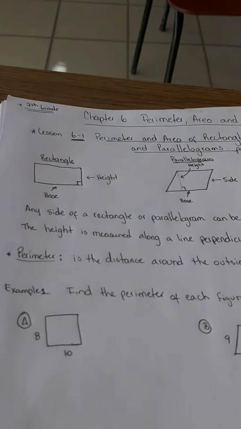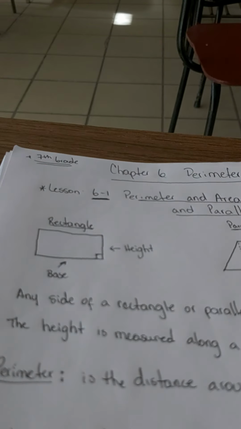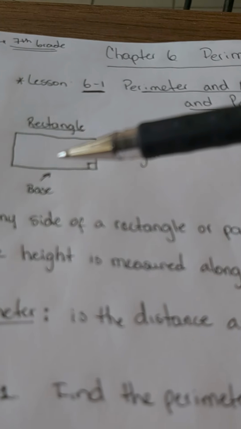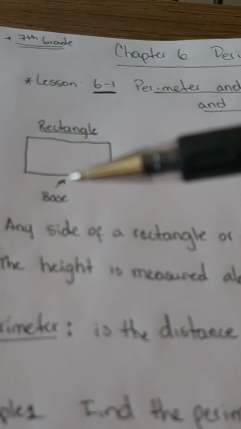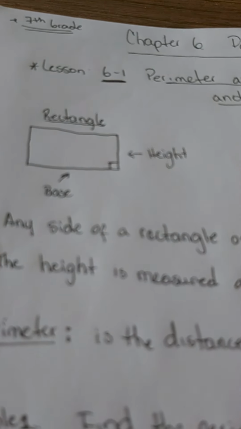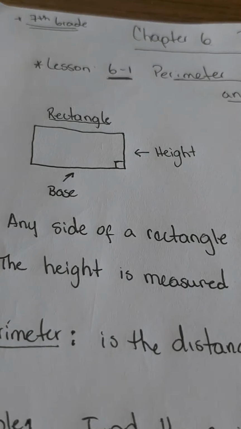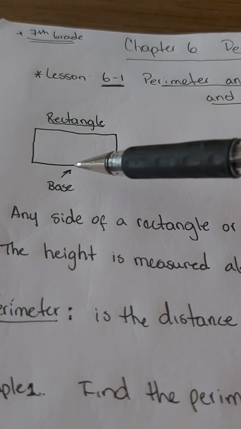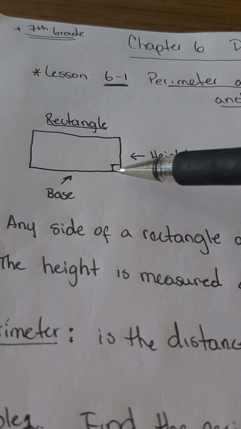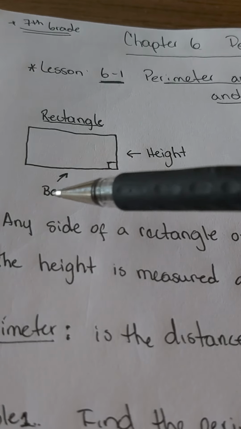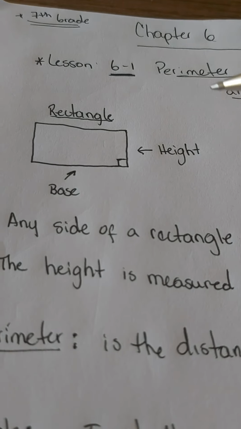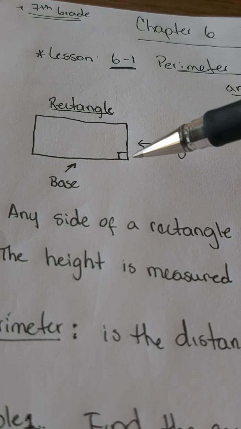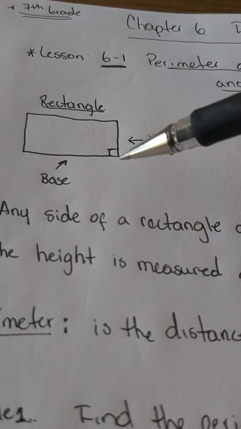Okay. Now, here we have a rectangle. Any of the sides of the rectangle can be considered the base of the rectangle. In this case, I select the bottom side as the base, and the height is always perpendicular to the base.